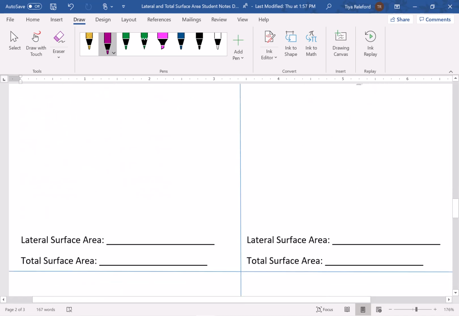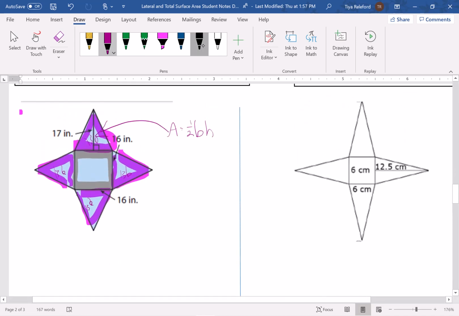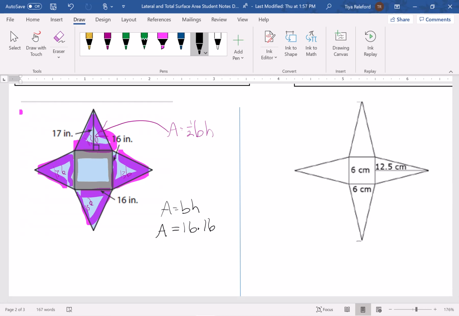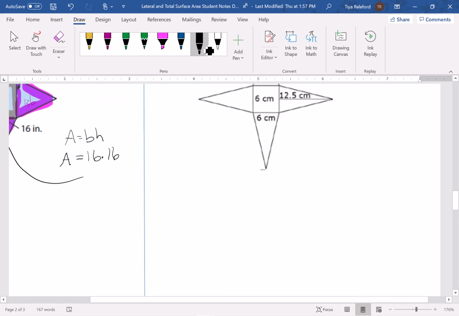Now that is your lateral surface area. So you take the area you found for your lateral surface area. Now you're going to find the area of the base, which is a square, and you're going to write the answer in there. Add that to your lateral surface area.